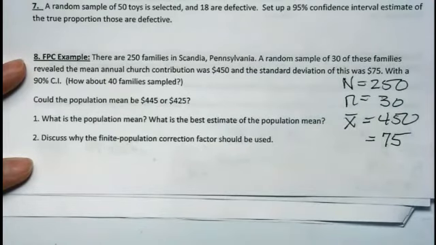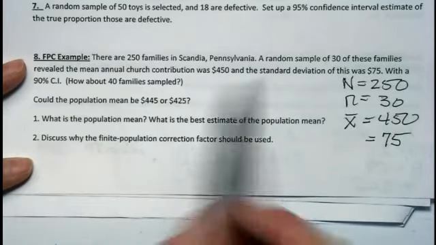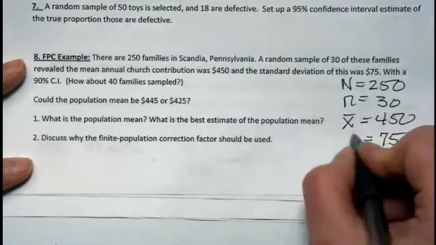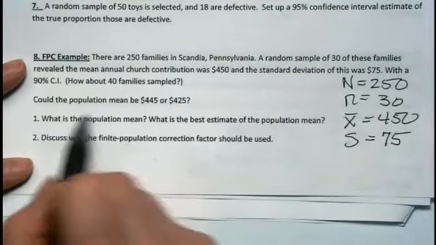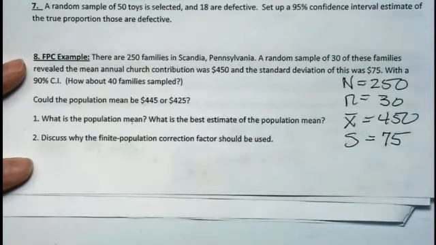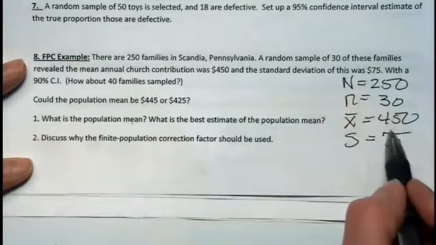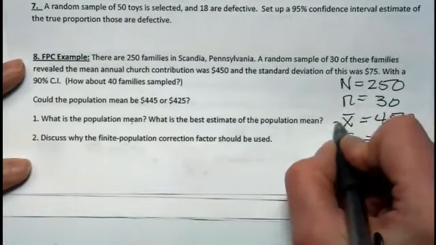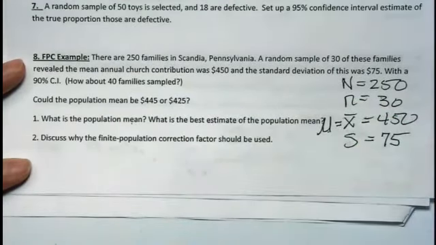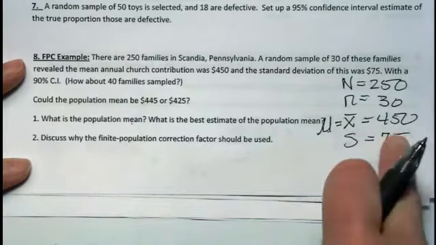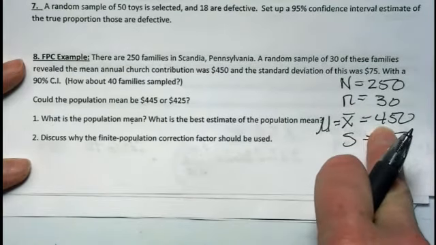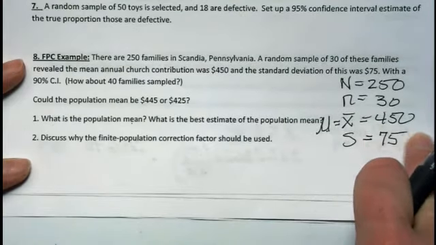Well, let me think about that for a second. It's a sample because the word sample is in the sentence. Okay, what is the population mean? Well, I don't know it. I know the sample, so I estimate it. Mu is the population. The estimate of the population mean is from the sample, 450.